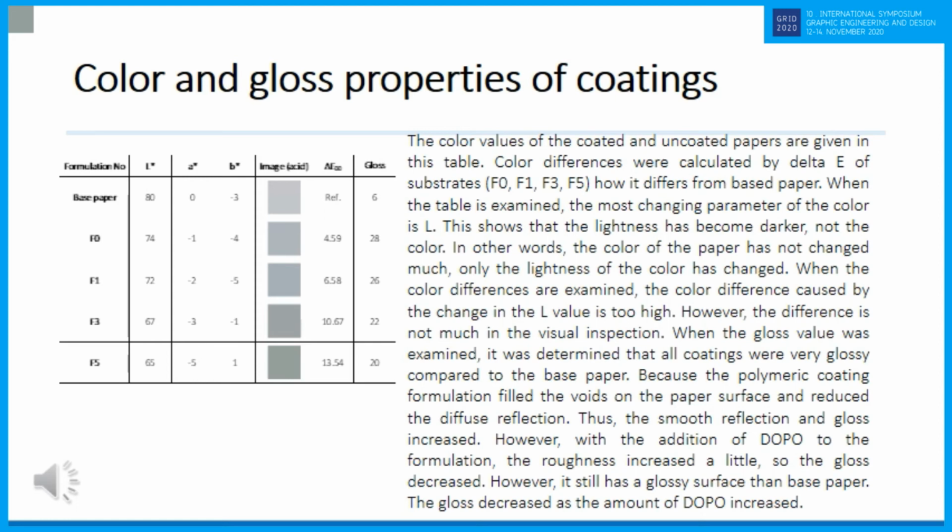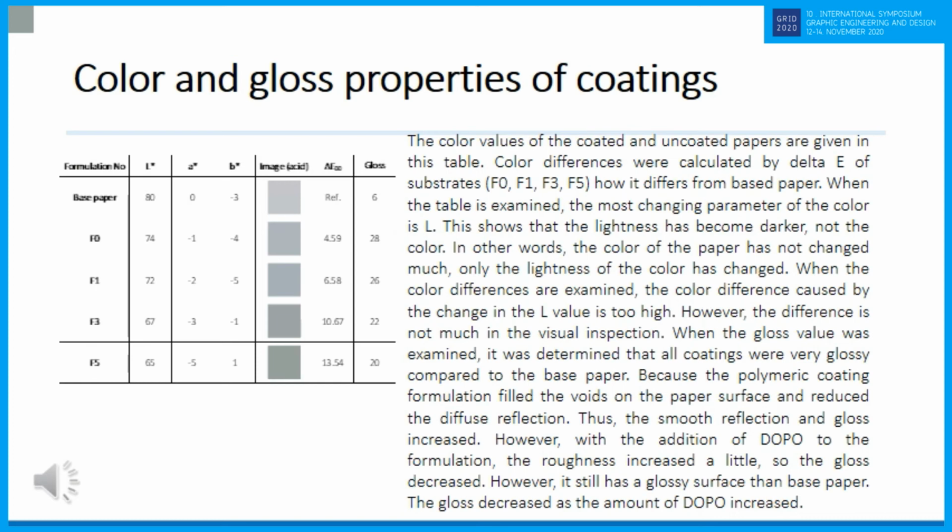Because the polymeric coating formulation fills the voids on the paper surface and reduces the diffuse reflection. Thus, the smooth reflection and gloss increased. However, with the addition of DOPO to the formulation, the roughness increased a little, so the gloss decreased. However, it still has a glossier surface than base paper.